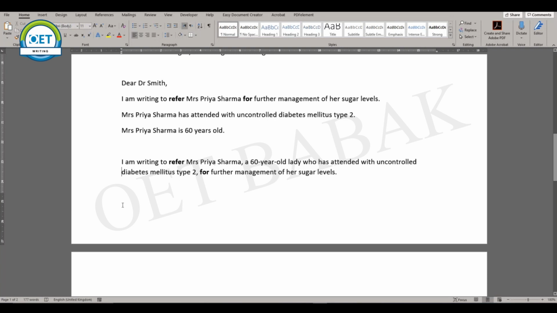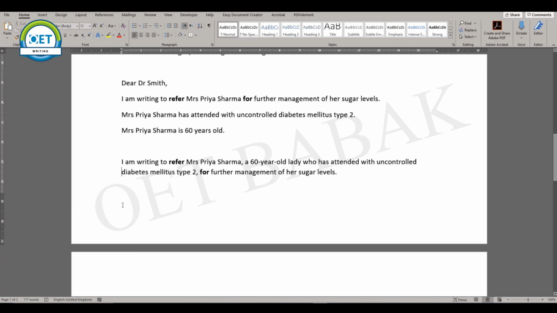Dermatomyositis, for example. Sorry? Dermatomyositis. Type 2 and sugar levels. No type 2. Yeah. Okay. Some people say, okay, should we write NIDDM? NIDDM. Okay. Well, up to you.